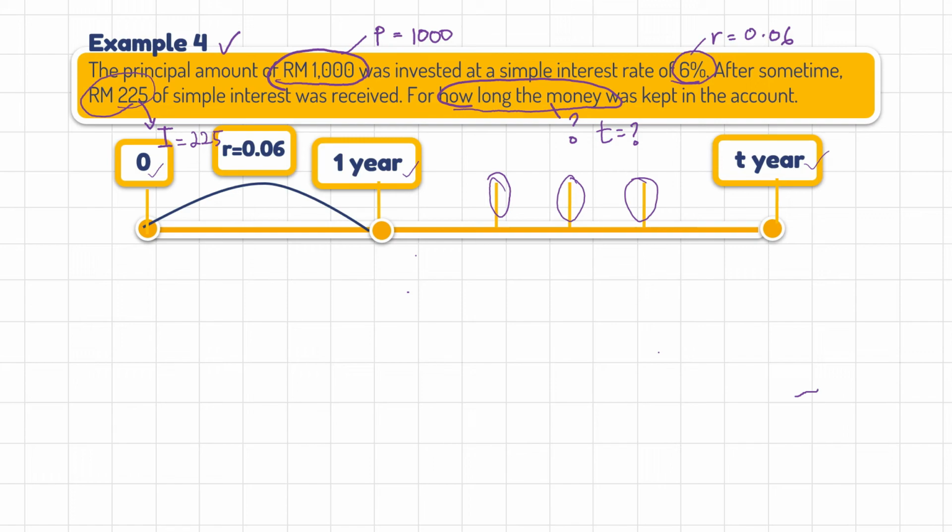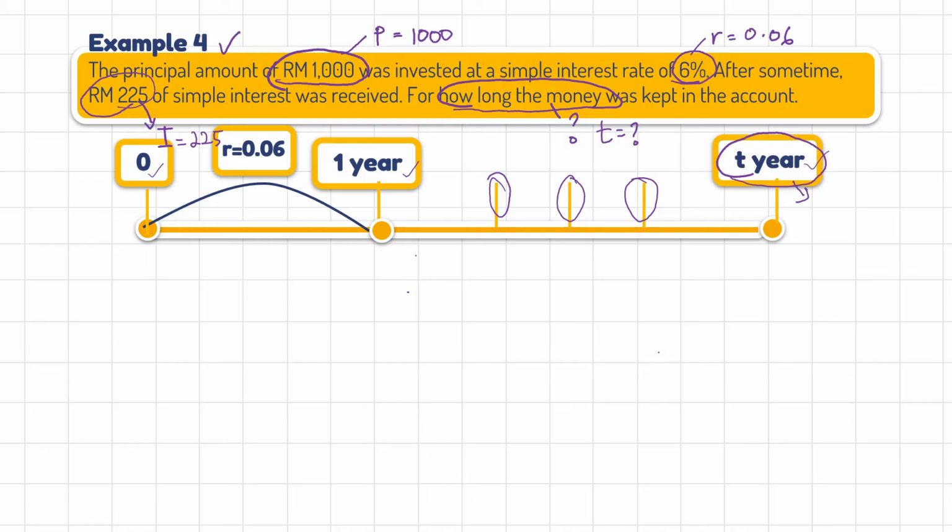We don't know yet the value of T. It can be 3, 6, 10 or any values. However, if you choose not to put any bar, it's also not a big problem, as long as you understand the whole question.